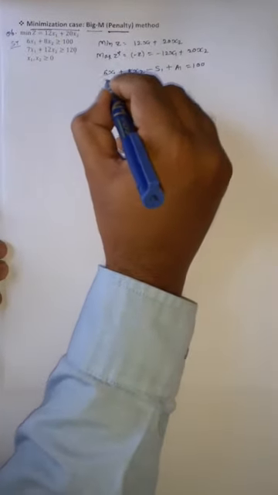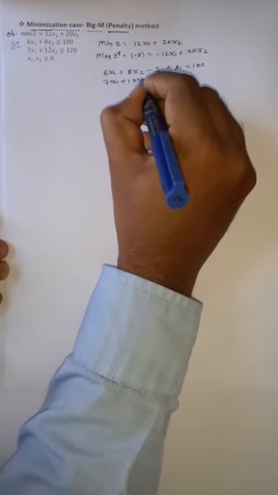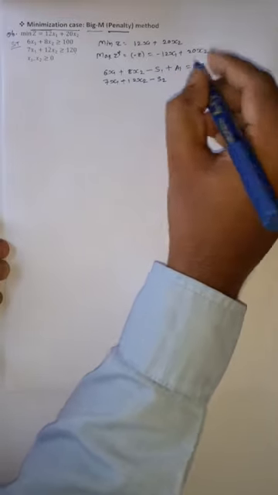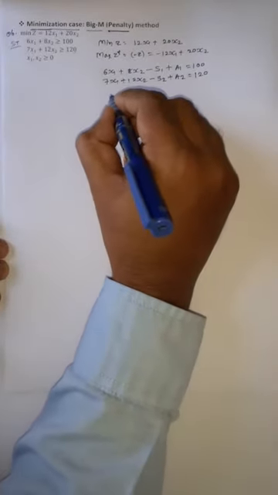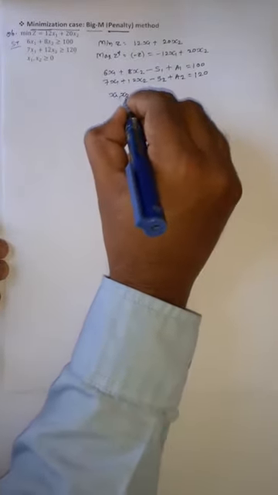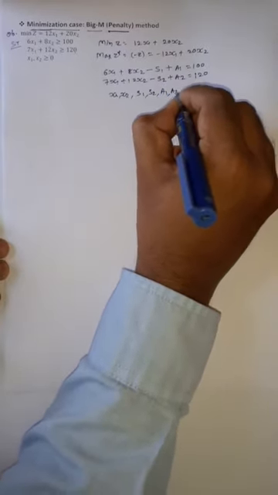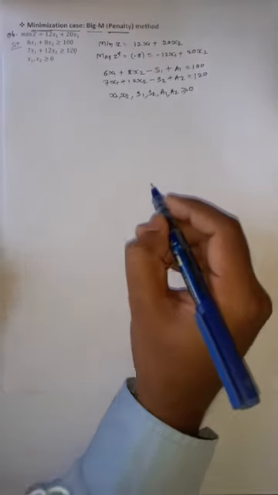Then for the other constraint, 7x1 plus 12x2 minus s2, another surplus variable, plus a2 equal to 120, and the last non-negativity constraint: x1, x2, s1, s2, a1, a2 must all be greater than or equal to 0.